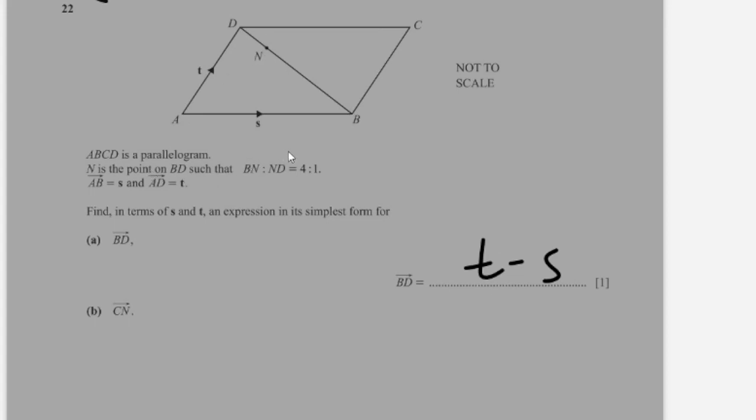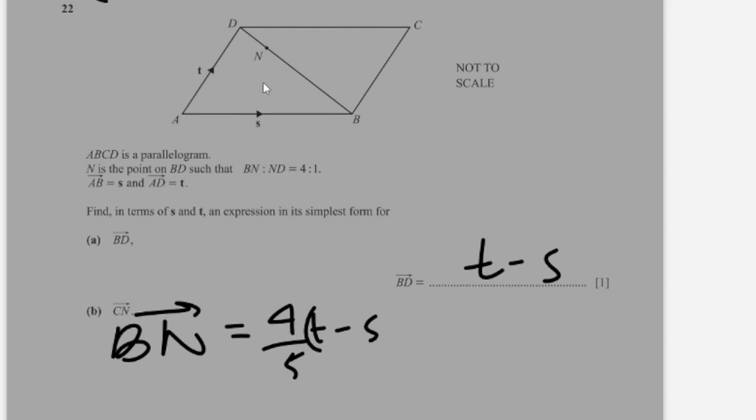As we can see in the question, BN to ND is 4:1, which means BN is 4/5 of the whole BD, or rather, I write it as BN is equal to 4/5 of T minus S, which is also equal to 4/5T minus 4/5S.